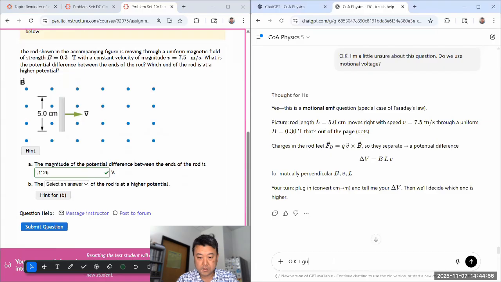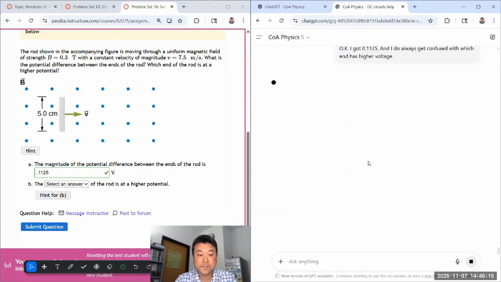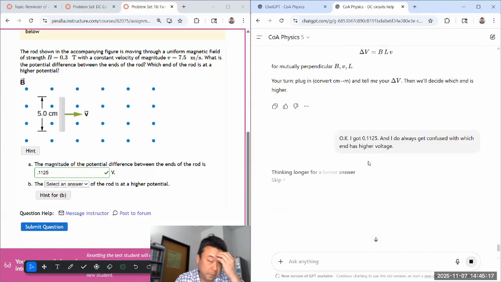Okay. I got 0.1125. And I do always get confused with which end has higher voltage. This for once is not me pretending. I do mix this up all the time.